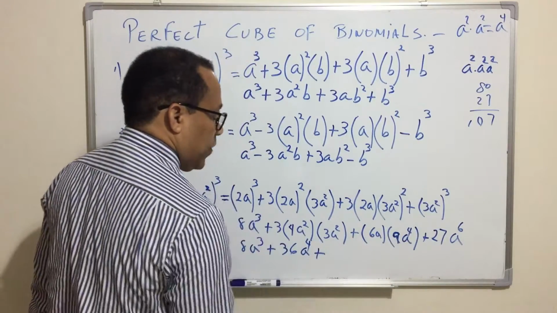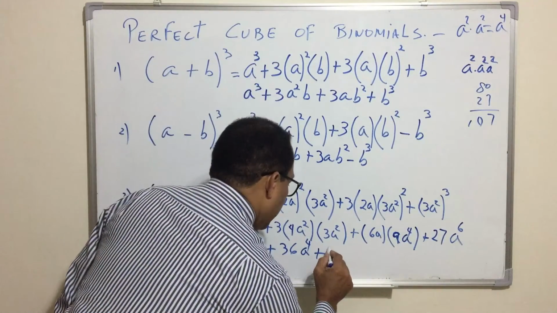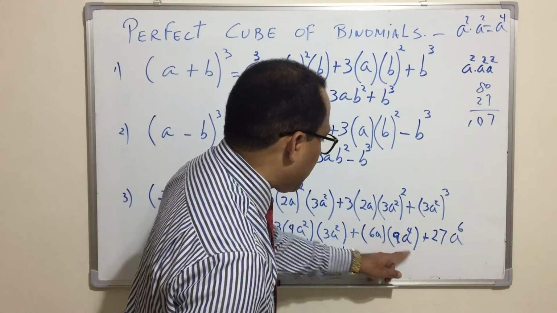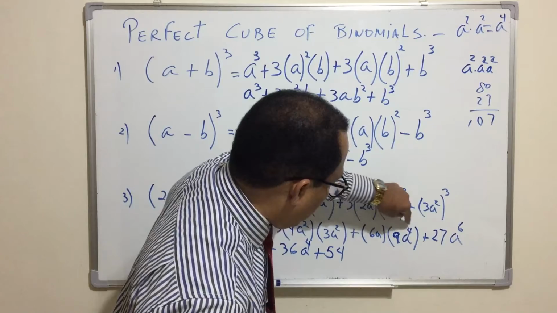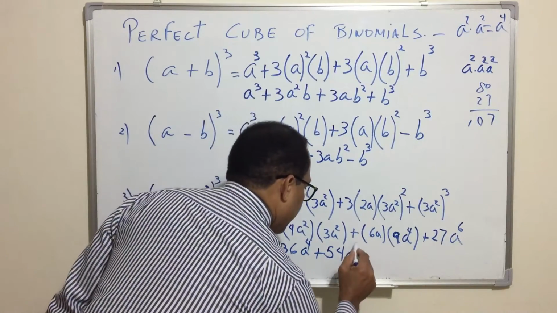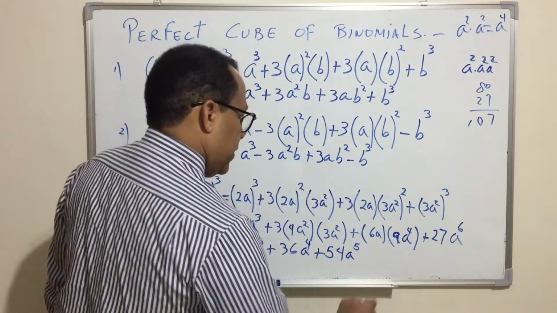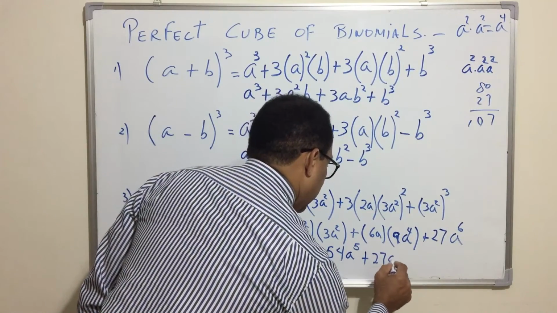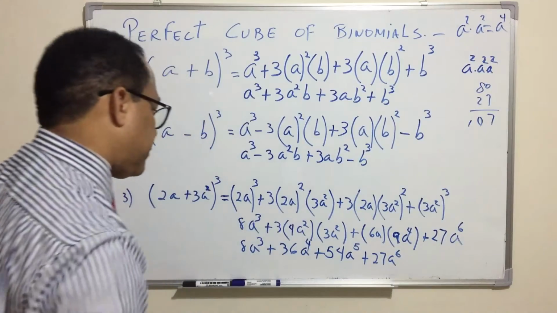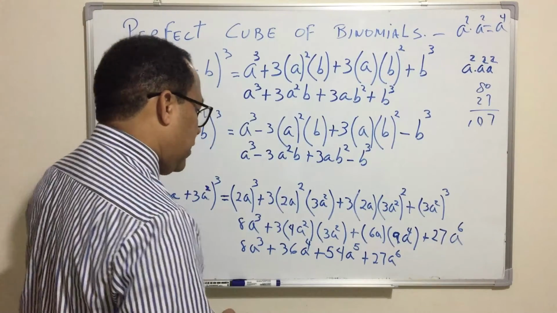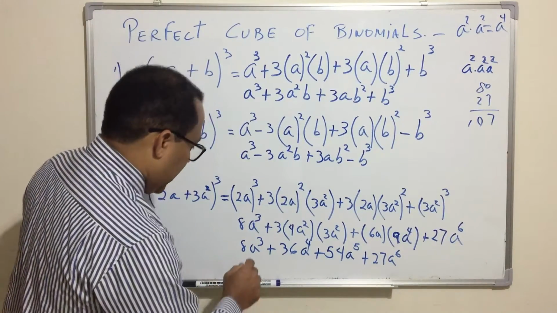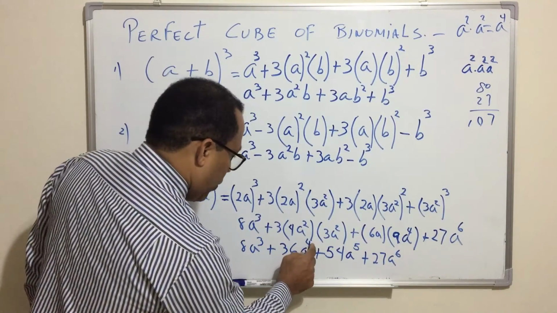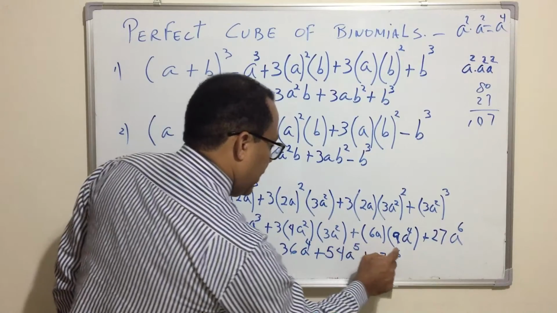Let's multiply the coefficients. 6 times 9 is 54. And then a times a to the fourth, we add 1 plus 4 is a to the fifth power. And then just bring down the 27a to the 6. Now, let's take a look at the powers for the variables. It goes in ascending order: 3, 4, 5, and 6.